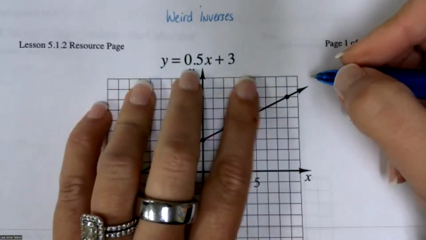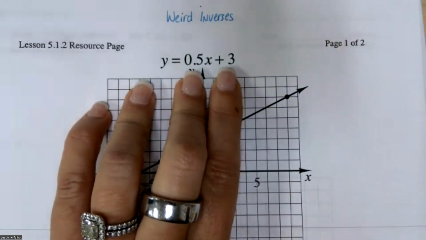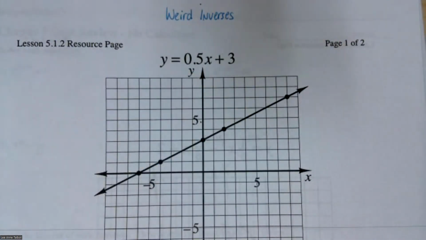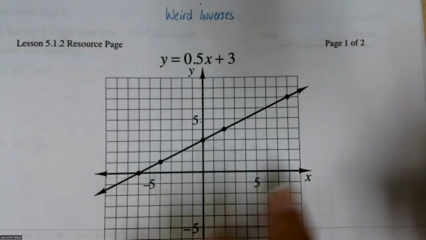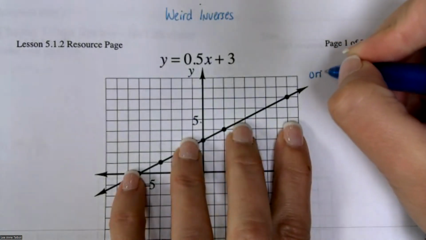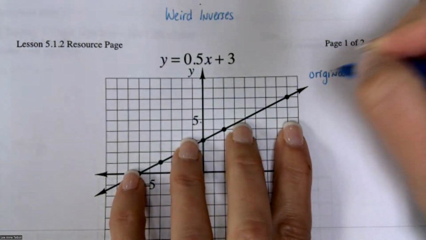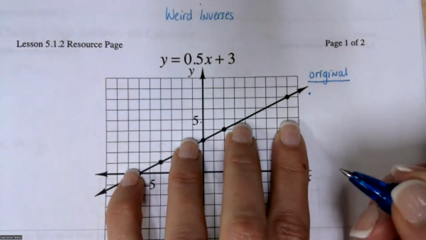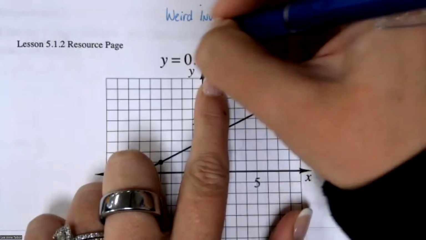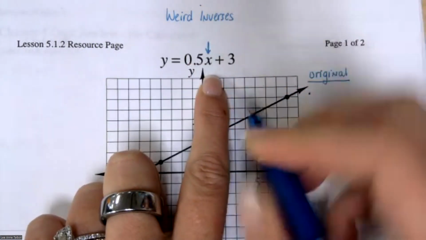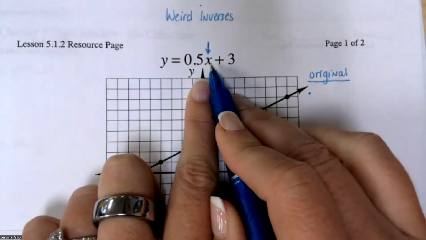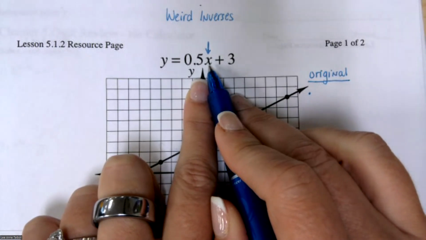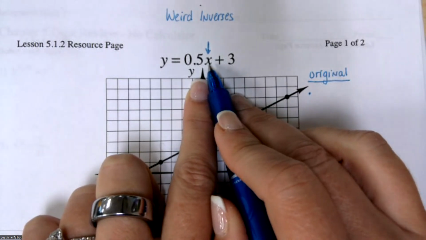Okay, so I have my original graphed here, and the equation. The first thing I'm going to do is write the steps of the original. If I plug a number in here for x, for order of operations purposes, what would I do to it first?